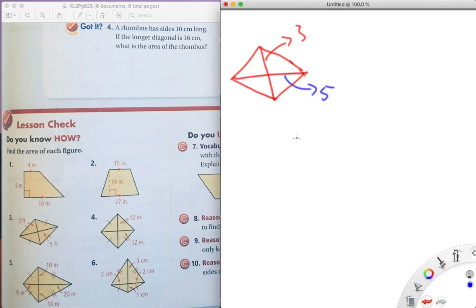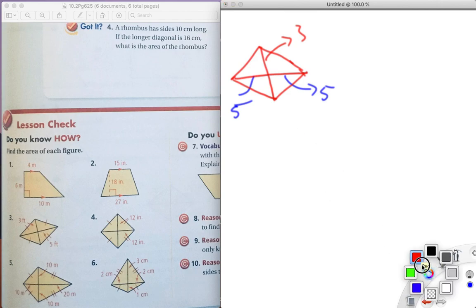So remember with rhombuses, the diagonals are perpendicular bisectors of each other, so that means that they cut each other in half. So if this is 5, then this is 5.